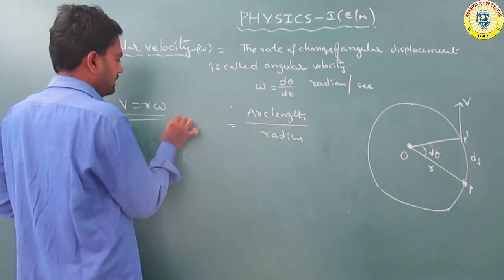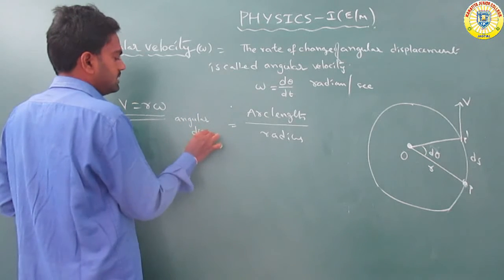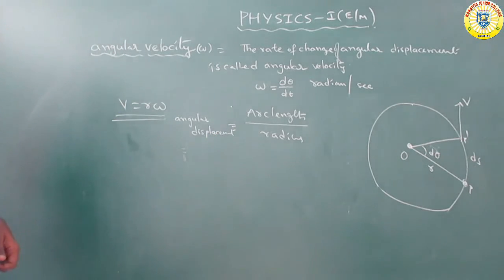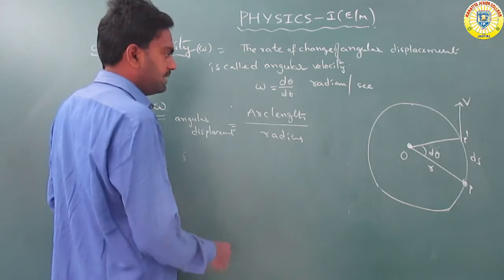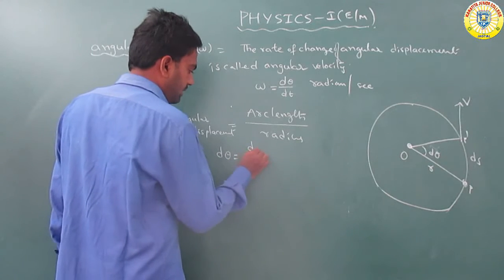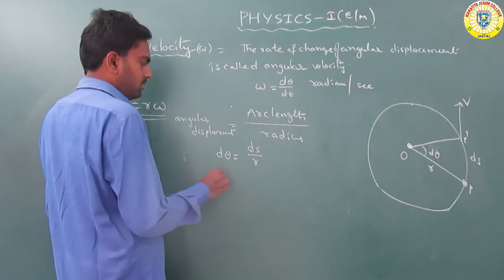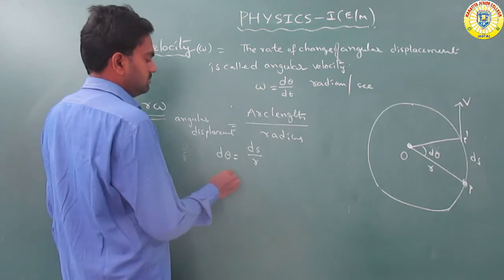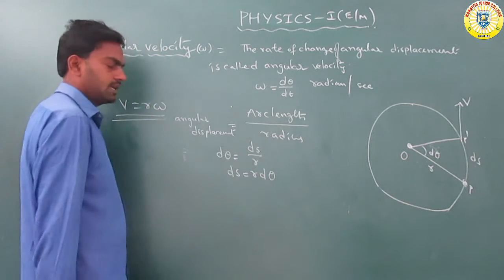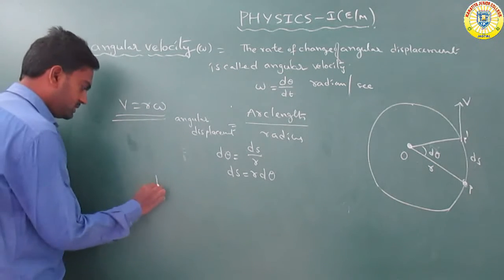Angular displacement is equal to arc length by radius. So angular displacement is d theta, arc length is ds, and radius is r. That means ds is equal to r d theta. And now differentiating both sides.